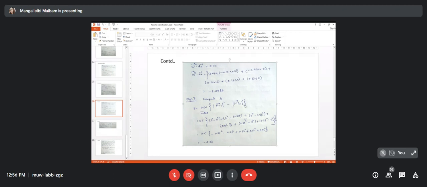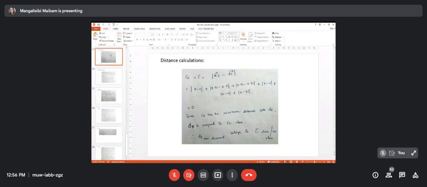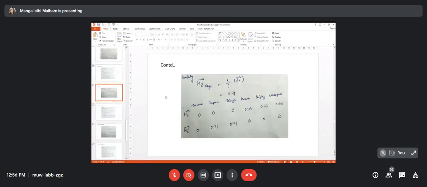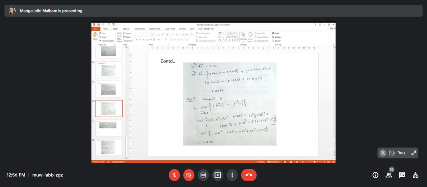Mu C1 and mu C2 are already calculated, the two centroid values here, using 0 minus 0 squared, 0 minus 0.71 squared. That value we are calculating here, and the result multiplied by 0.5, we got minus 0.33. So our constant value B is calculated, and we got minus 0.33.